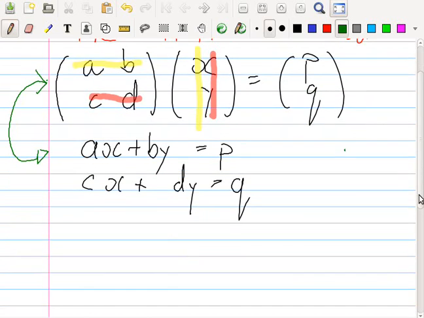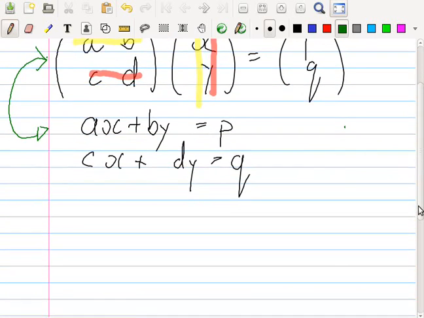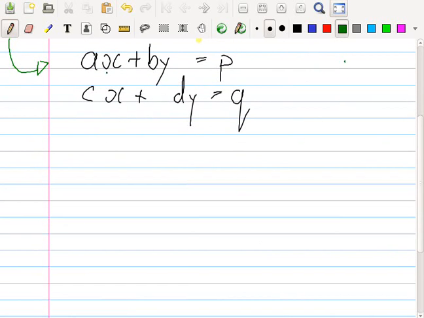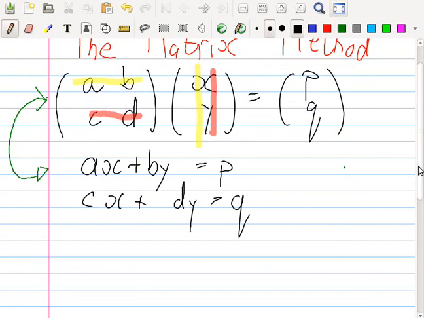So the idea is, if I now just scroll down to here, that if you see this problem, you can write it as matrix multiplication. Look carefully here. This is a square matrix, this is XY, this is PQ. So I'll call this square matrix A. I'll call this matrix here capital X, and I'll call this matrix here B.